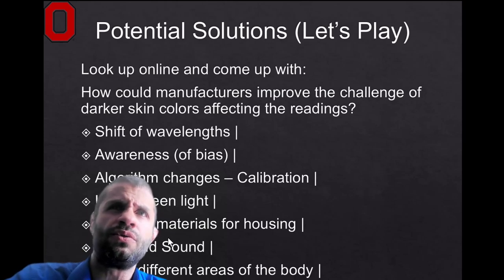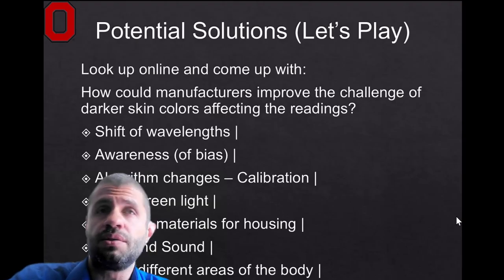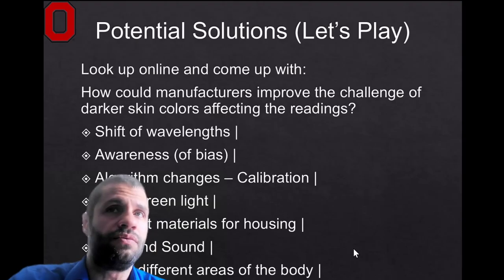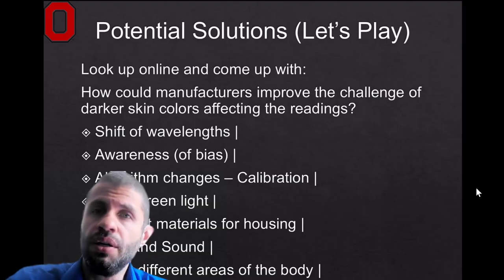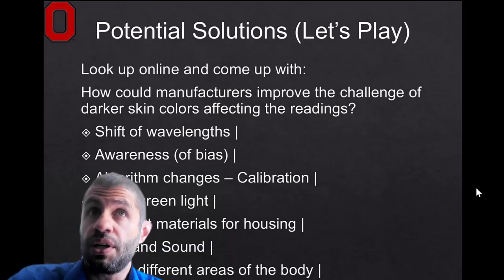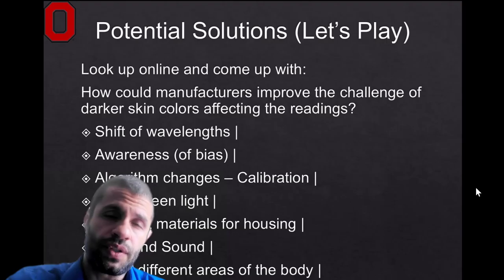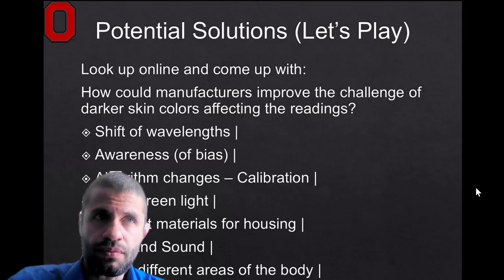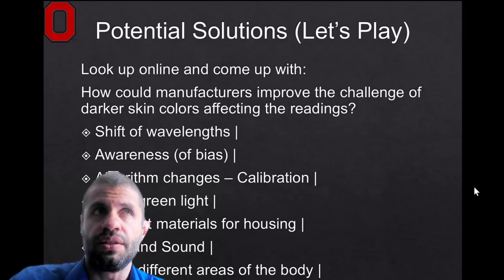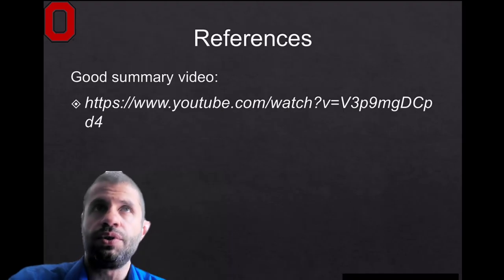I believe some students found that you could use some combination of light and sound, or make sure that you're using very well-known areas of the body to get these readings from. So there are ways that, again, as engineers, you can fix and address rather important societal needs whenever you're designing a device.